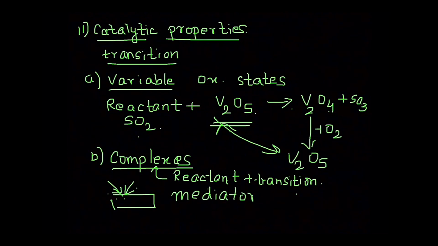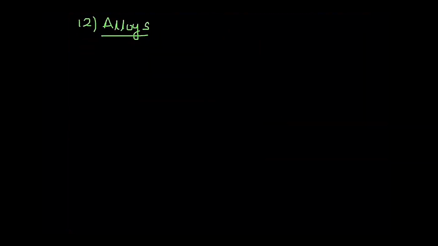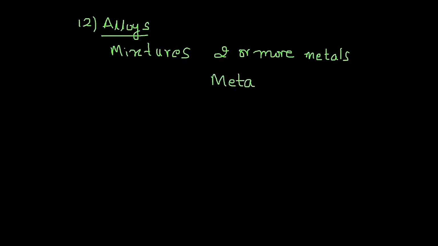Let's go on to some other properties of the transition elements. Alloys. What are alloys? They are mixtures. First of all, they are not compounds. Mixtures of what? Two or more metals. You know about steel, you know about brass, you know about bronze. So we have a combination of two or more metals, or it can be the alloy of a metal with a non-metal, because there are examples where carbon is added in order to make alloys.